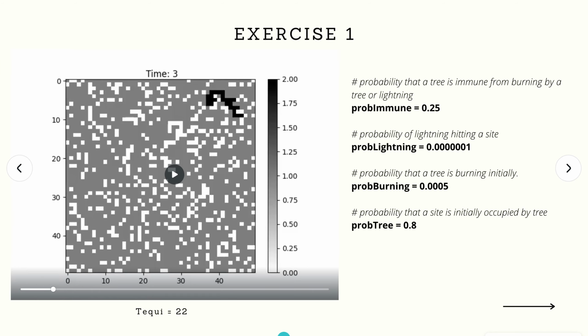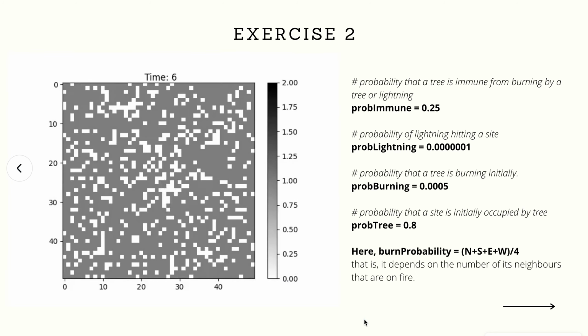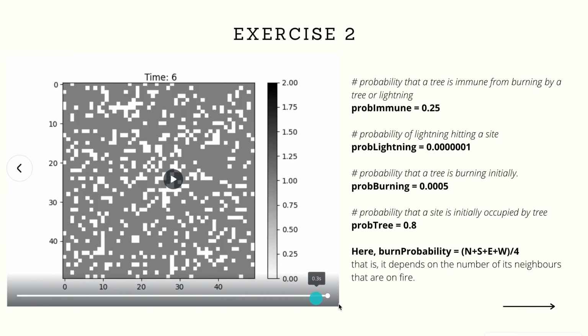We move on to exercise 2. Here, we change the probability of the tree to burn in a particular cell. The tree will burn with a probability which is based on the number of its neighbors that are burning. In all the above cases we considered, the probability of immune is 0.25, and hence a tree will burn with a probability of 0.75 if any one of its neighbors is burning.